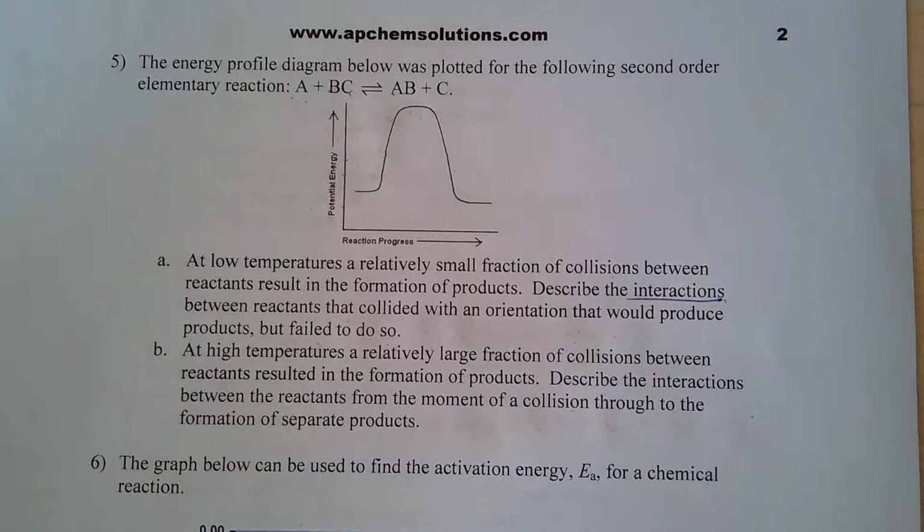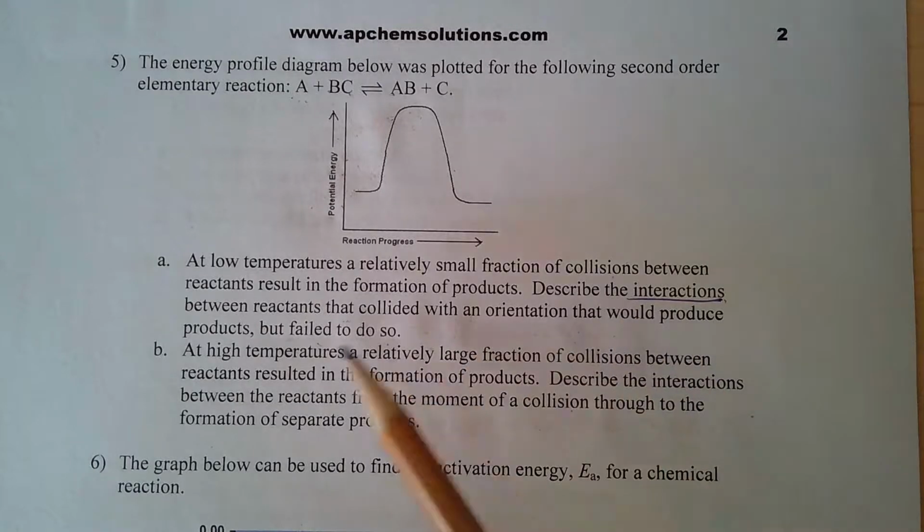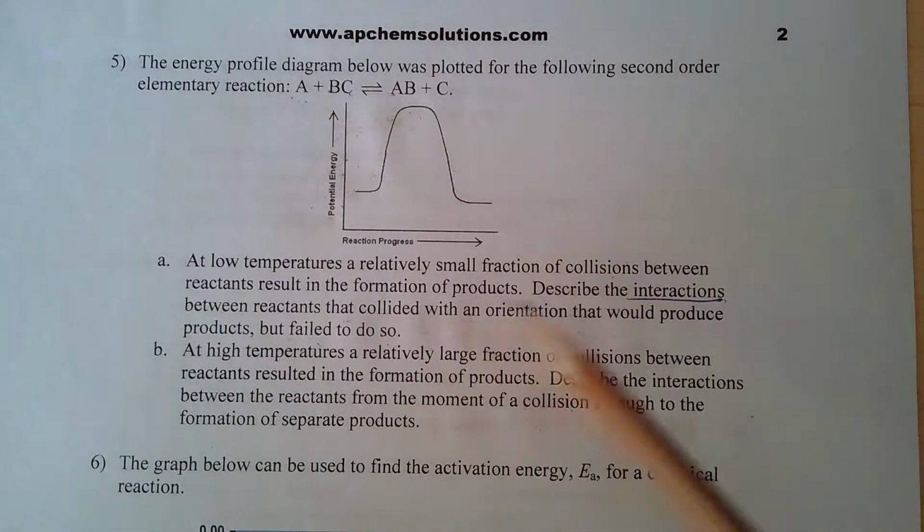Okay, so what this is asking us to do is describe those intermediate steps. Describe the particles in those intermediate phases. So describe the interactions between reactants that collide with the orientation that should produce products but didn't do so.